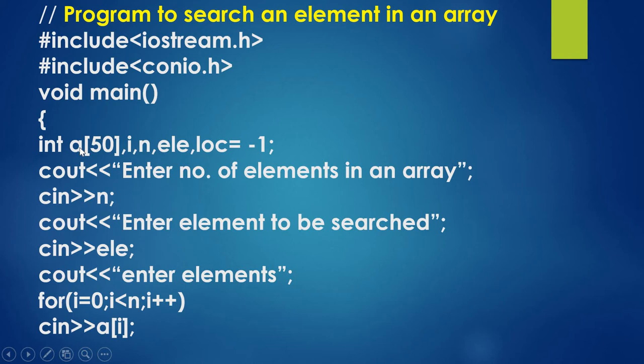What are all the variables we need to declare? First, an array with the maximum size 50. Then i, an iteration variable for the loop. Then n is the number of elements in the array. ELE means the element to be searched. Then we need to initialize the variable location to -1.